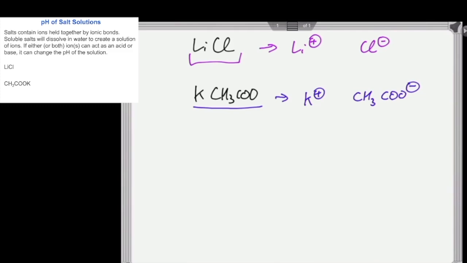Next is looking at these ions. What you're on the hunt for is whether any of these ions are conjugate acids or bases of some weak acid or base that we have discussed, right? So lithium is usually the counter ion, where we would normally see this in the context of acid-base chemistry, something like lithium hydroxide.